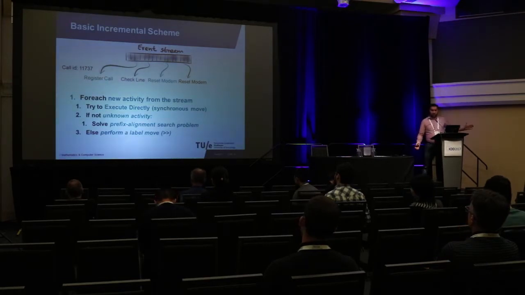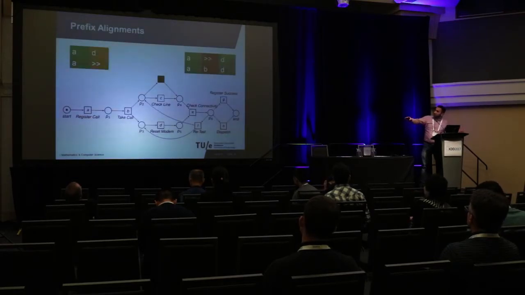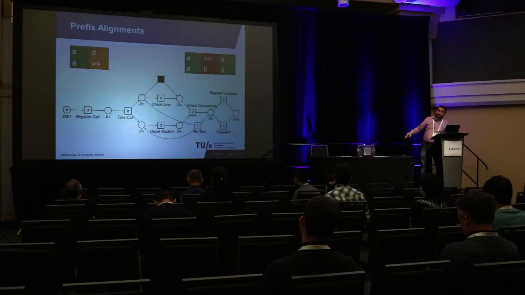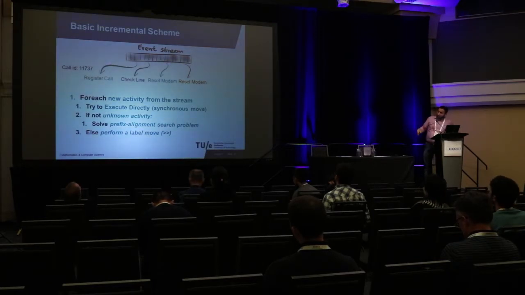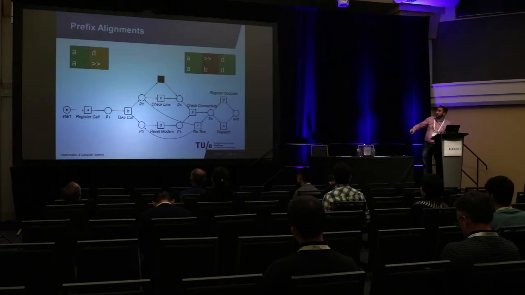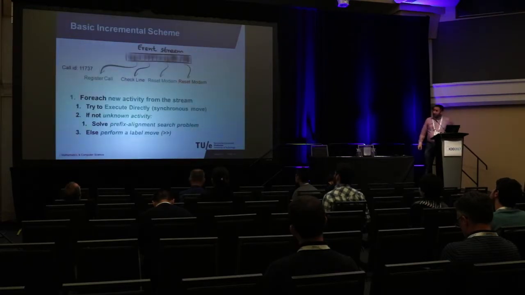We look for the shortest path that we need to follow in the process model in order to locate D in its correct place. And we discover here that this is the case. In the worst case, if this is not possible at all, so we have an activity that is not available in the model at all, for example X, we directly add the label move. So we add the worst case scenario there.